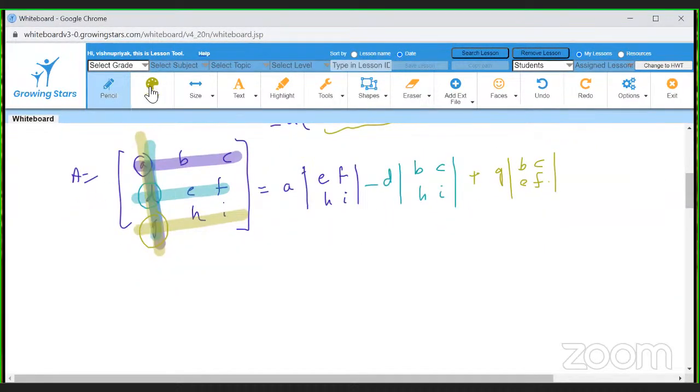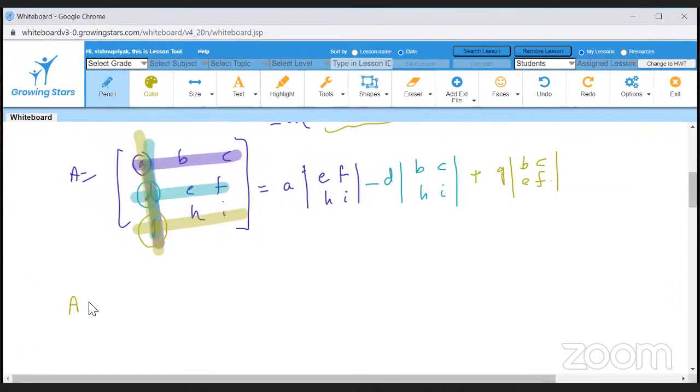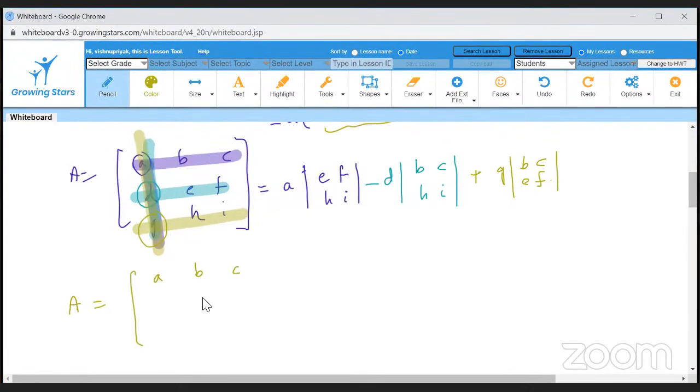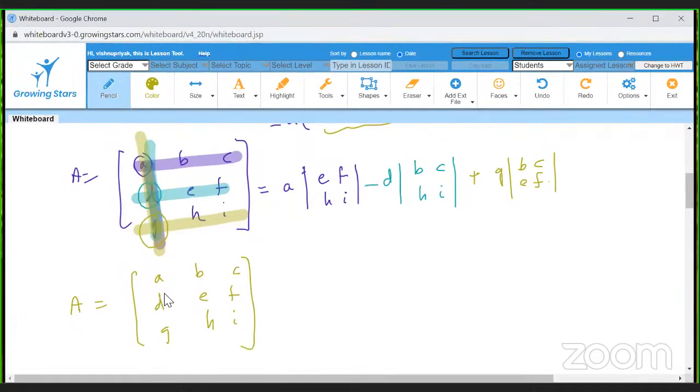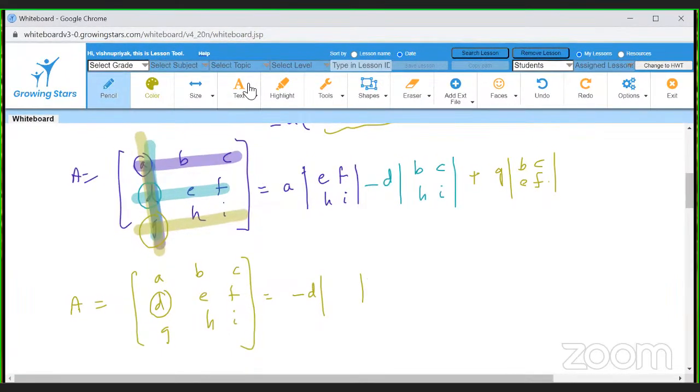Not only first row, first column, you can go with second row, second column also. Like A, B, C, D, E, F, G, H, I. If you want to go with the second row, D, but minus D into, remove the row and column.